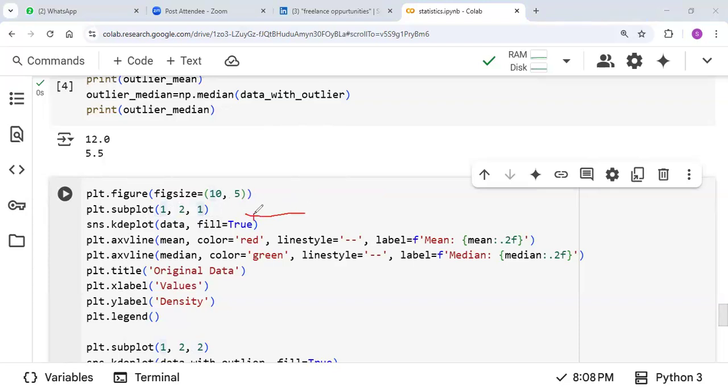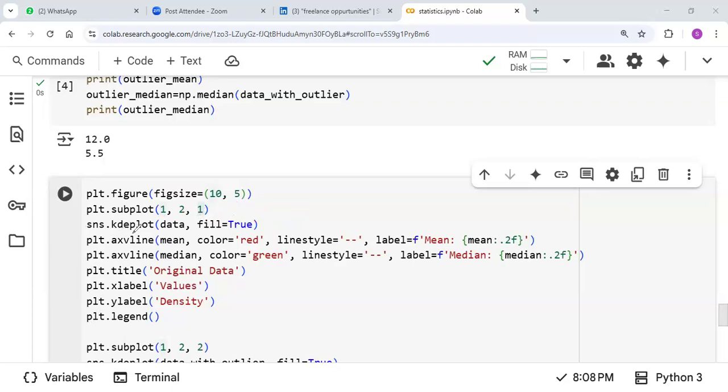So one row, 2 columns. This is going to be the first plot, whatever we enter here. Do you understand, guys?